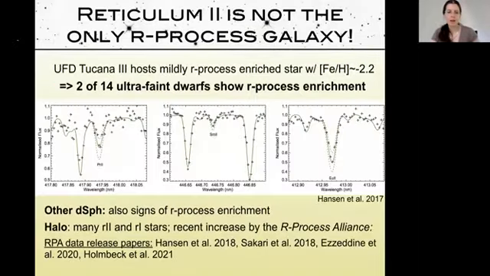And by now, Reticulum is not the only R-process galaxy. Tucana III, not to be mixed up with Tucana II, that I'm going to talk about next, also has mildly R-process enriched stars. Those stars are not as enhanced as the Reticulum stars, but there are indications now, in these two ultra-faint dwarf galaxies, and also some of the bigger ones, that the R-process is definitely operating in these small systems.